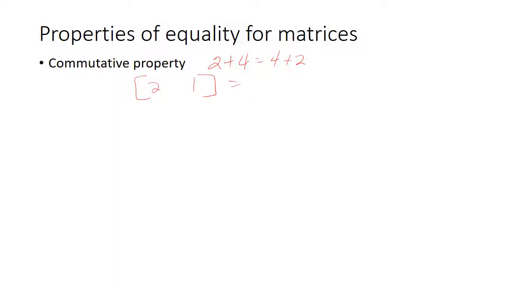So just a couple of properties of equality. These work the same for matrices as they do for normal addition and subtraction. The commutative property says you can add them in either direction. For normal addition, 2 plus 4 is the same thing as 4 plus 2. So for a matrix, let's say we had 2, 1 plus 3, 4.